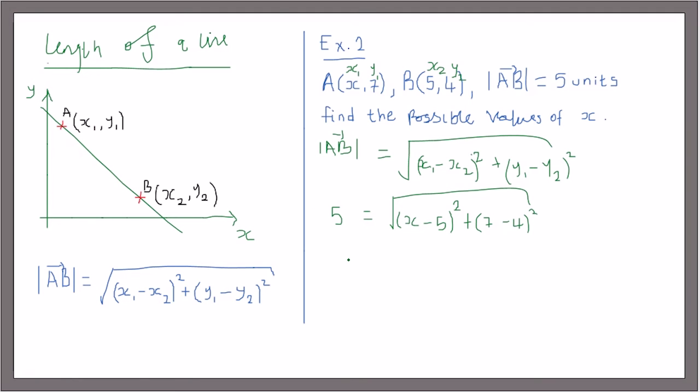So if I square both sides, this will be 5 squared, equals the square root of x minus 5 squared, then plus, this is a 7 minus 4 squared.